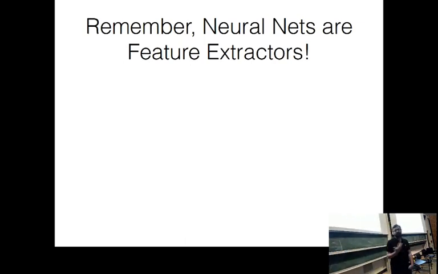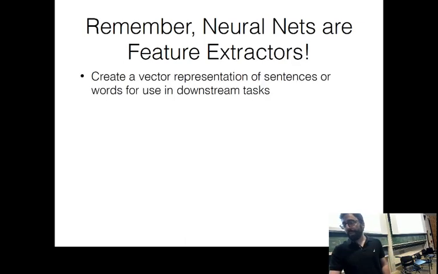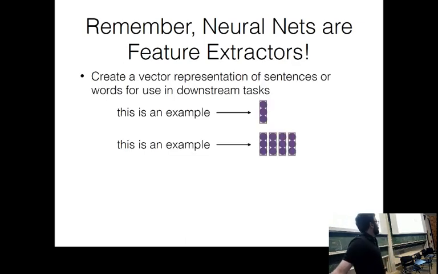Neural networks are just feature extractors. What this means is that given a sentence or a collection of other things, speech, images, whatever, all they do is eventually create a vector representation, or a representation that's created by several different vectors, and these are used for the downstream tasks.